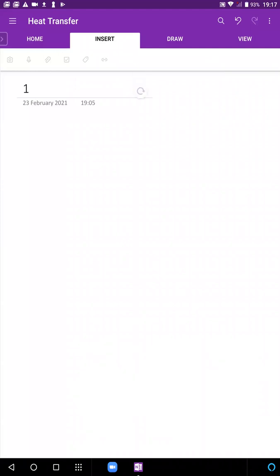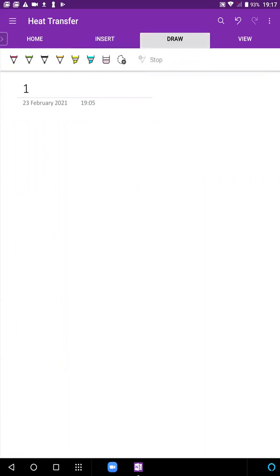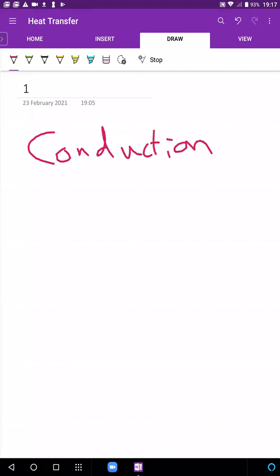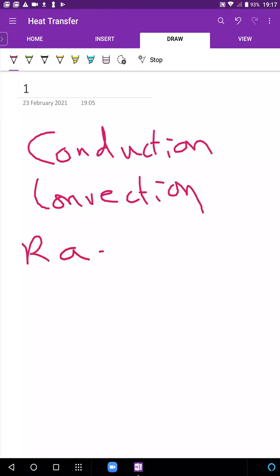I'm going to write all that shortly, but just to give you a quick overview, I'll erase all of this. There are 3 modes which you may have heard. One of them is conduction, one of them is convection. The third one is radiation. I'll just briefly describe them as well.